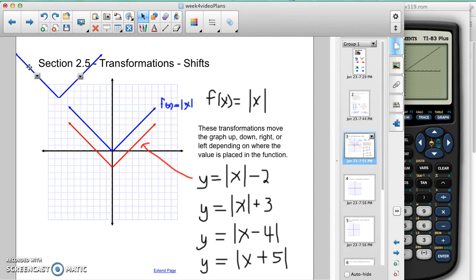So it's not wanting to move. Here we go. 3 units. So it starts here, moves 1, 2, 3 units up. It would be right here on the graph.